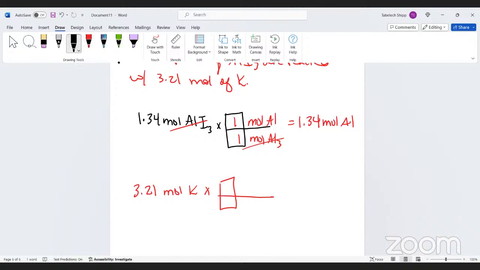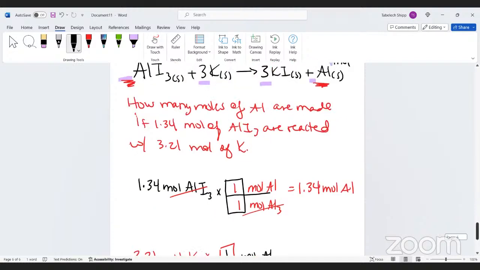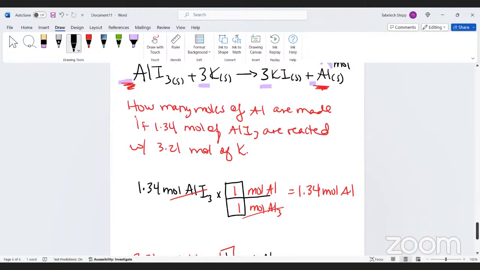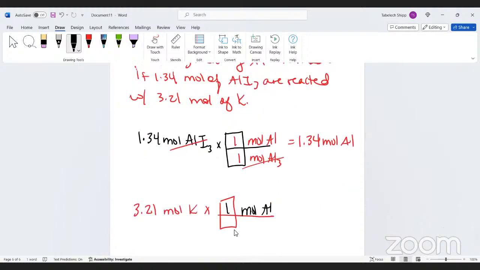So I'm still going to write 1 mole of aluminum on the top, okay? But on the bottom, I'm going to use my coefficient for potassium. And right there, there is a 3. So I'm going to put the 3 on the very bottom, and that's moles of K. And of course, you know that your moles of K are going to cancel out.